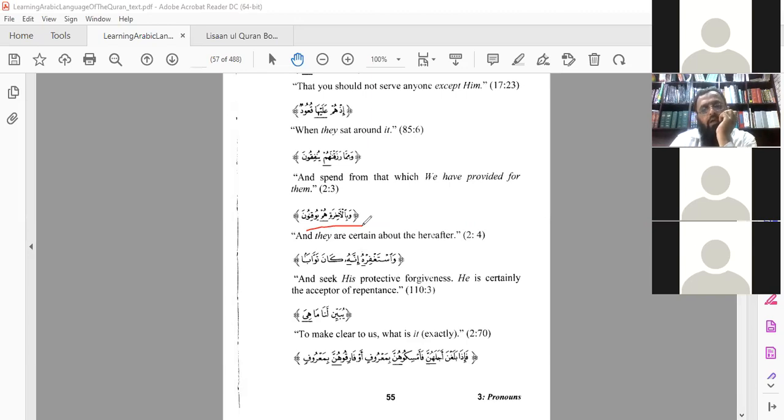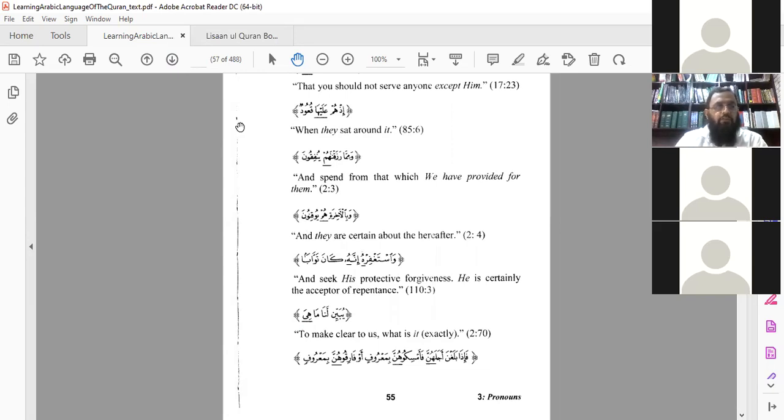Wabil akhirati hum yuqinun. Okay, very good. Anyone else can see any pronoun in this sentence? Yes, sir. Here. Very good. So now the concepts about pronouns are clear.